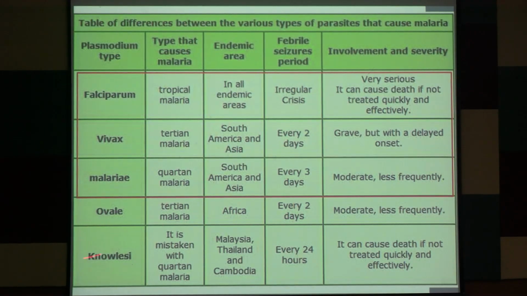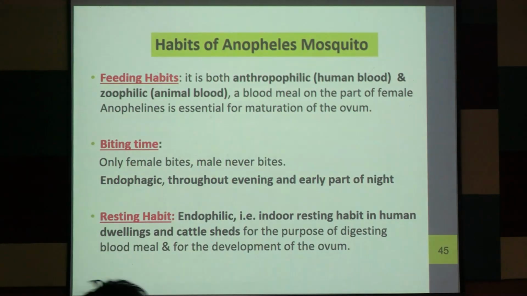This is also now getting very common, that is Plasmodium knowlesi, okay. Previously it was mistaken for Quartan malaria, but now it has a separate name and separate features, and it is usually seen in Malaysia, Thailand, these areas, okay. You can remember this, it is getting very popular in the world scenario, this malaria.